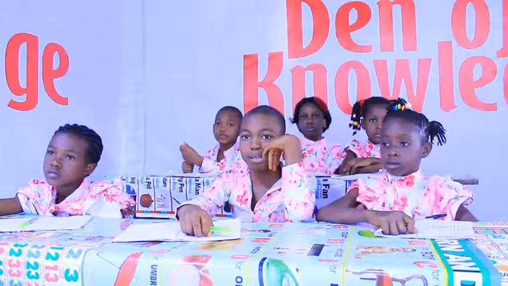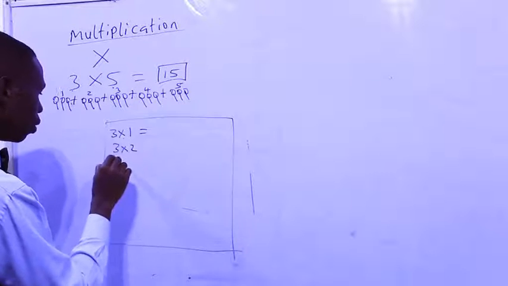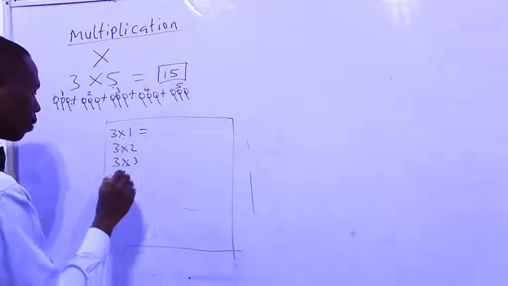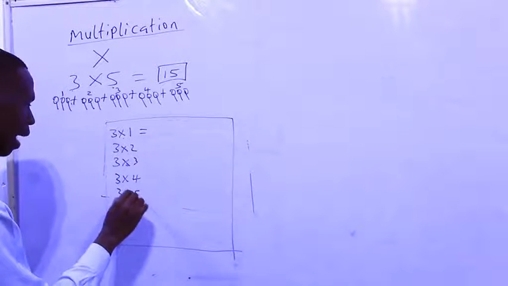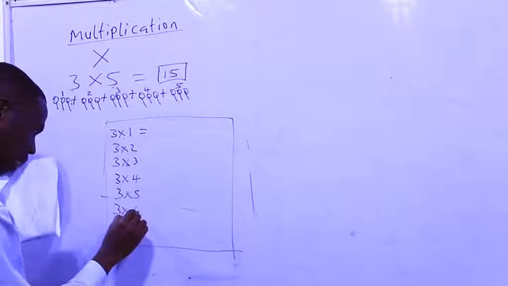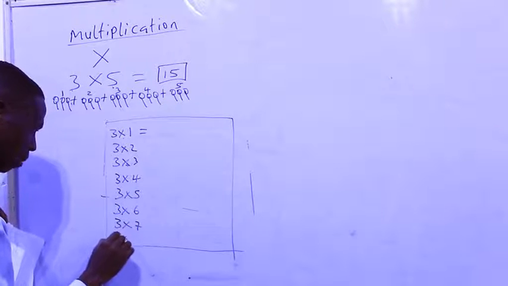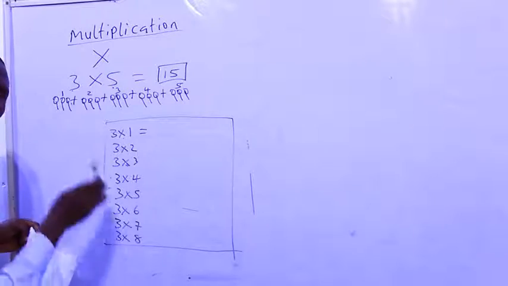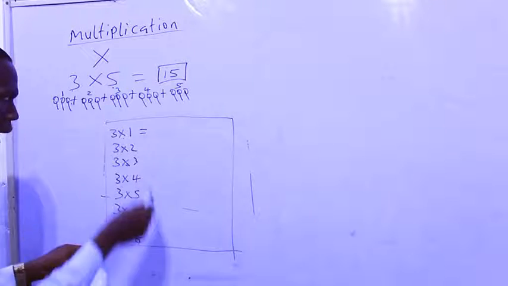I have 3 times 1, 3 times 2, 3 times 3, 3 times 4, 3 times 5, 3 times 6, 3 times 7, 3 times 8. That is serially, to as many as I want.